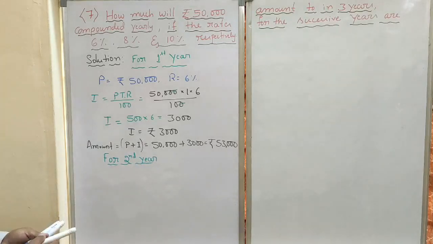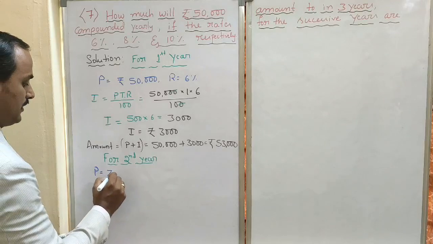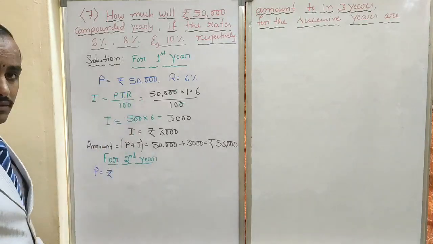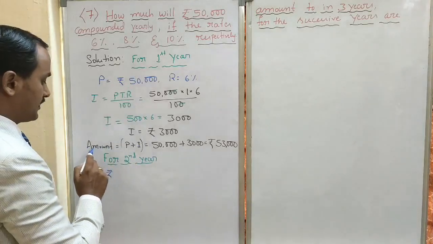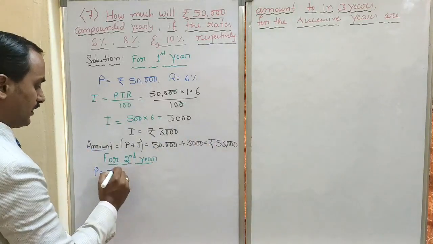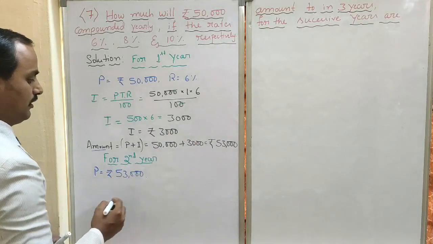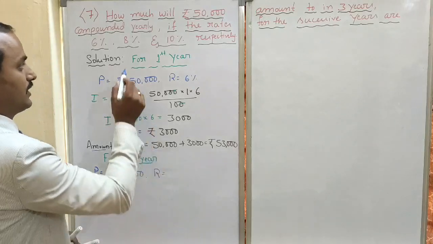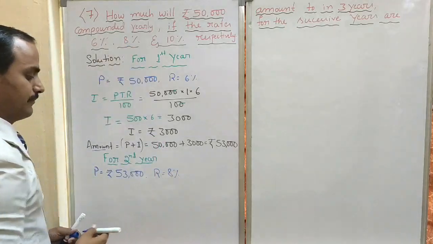For the second year, look here, principal amount. Is the principal amount for the second year 50,000? Wrong. At the end of the first year, the amount that became is the second year principal. That is 53,000. Rate of interest: first year 6% is over, the second year is 8%.